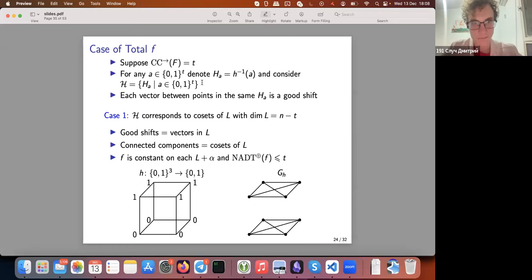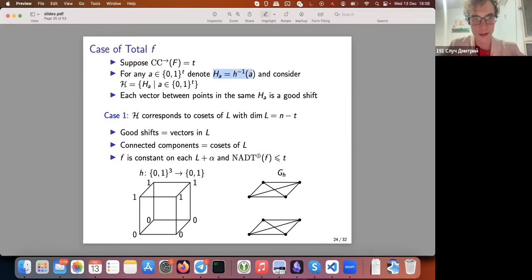There are two cases. We suppose that communication complexity is equal to t, and we consider the partition. Each class of the partition is a pre-image of some vector.